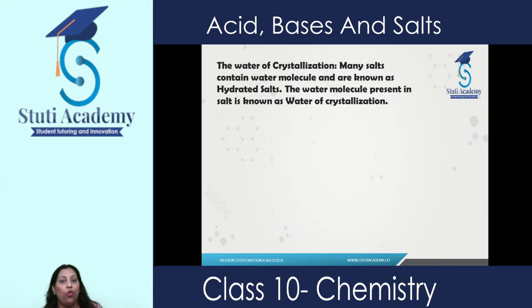Now next is the water of crystallization. See, as I told you, many salts contain some water molecules. When salts contain water molecules in a fixed amount, we call it water of crystallization. Such salts are known as hydrated salts, and the water molecules present in those salts are known as water of crystallization.